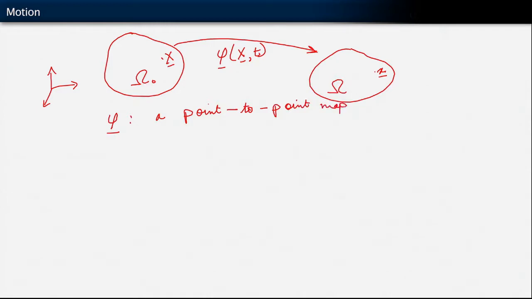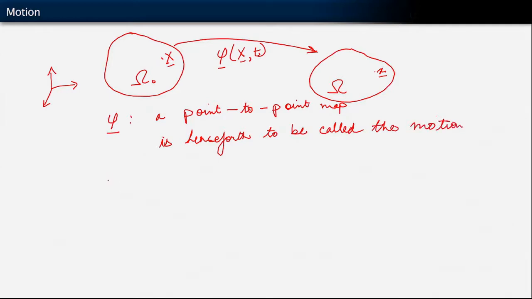Furthermore, for our purposes, we will simply now refer to phi as the motion. Okay? So phi, a point-to-point map, is henceforth to be called the motion.